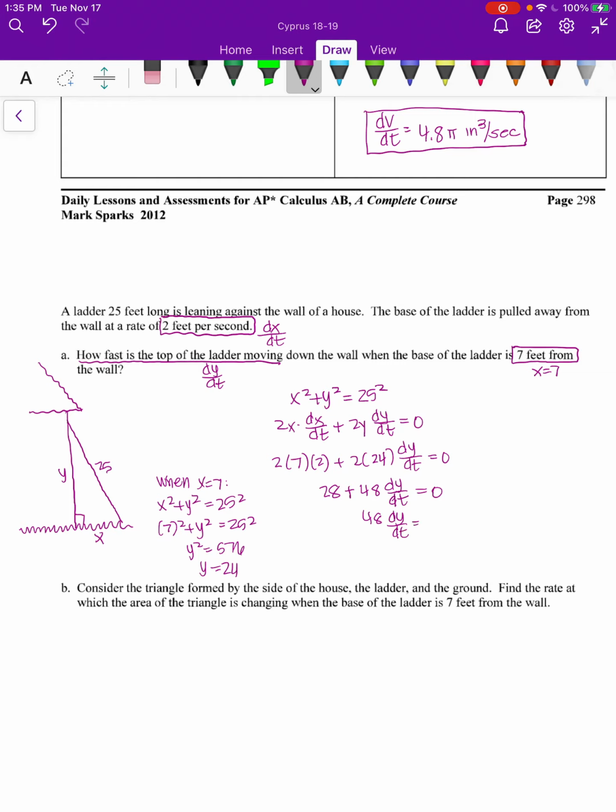Get dy/dt by itself, so 48 dy/dt equals negative 28. So dy/dt is equal to negative 28 divided by 48, which is negative 7/12. And this rate is in feet per second.